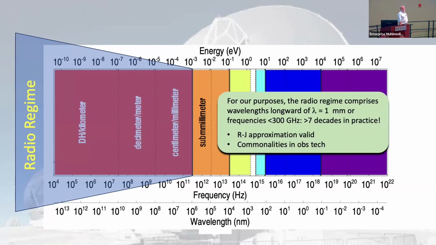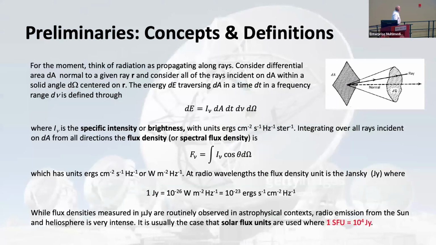And frankly, the technologies used to make observations at radio wavelengths share commonalities through this wavelength regime. But you'll notice that even with this definition, we're talking 7+ decades of wavelength. And we use them all, from millimeter, sub-millimeter even, all the way out to kilometer wavelengths at the edge of the solar system.